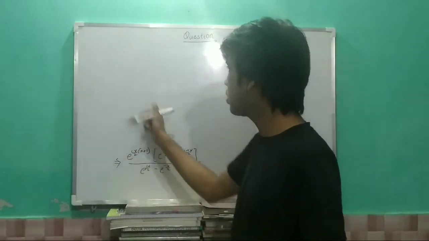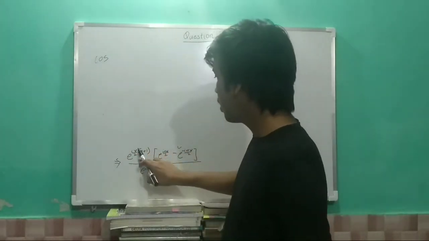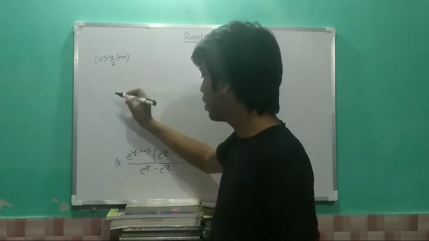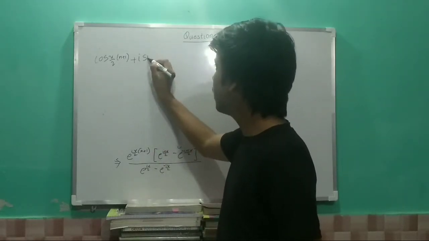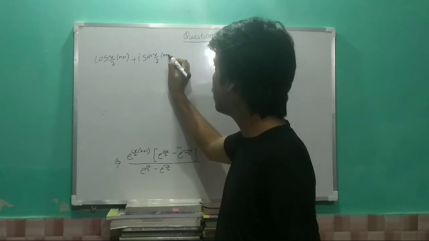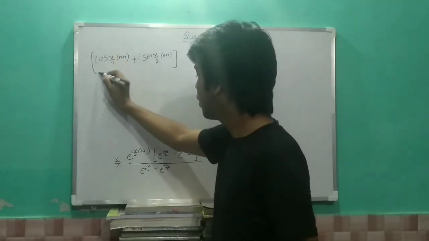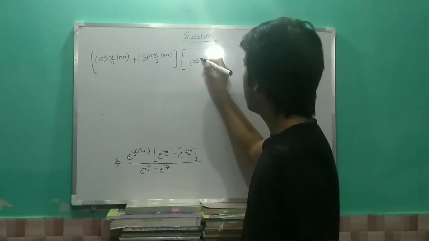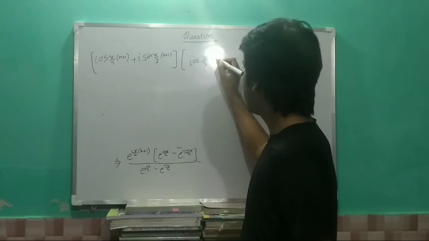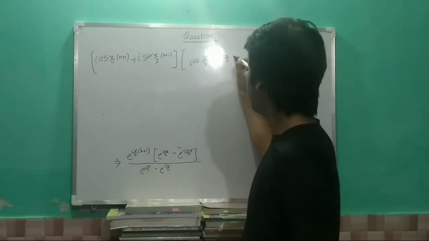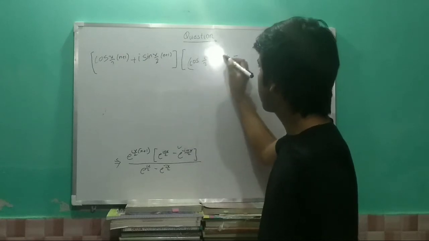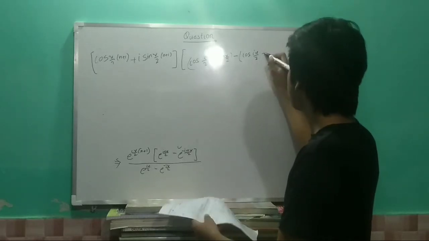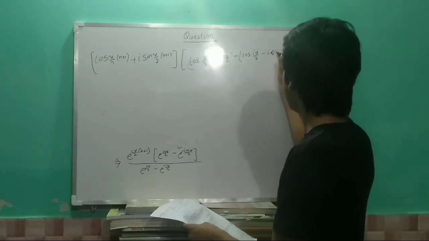So expand these terms: cos x by 2 (n plus 1) plus I sin x by 2 (n plus 1), and this: cos x by 2 plus I sin x by 2 minus cos x by 2 minus I sin x by 2.